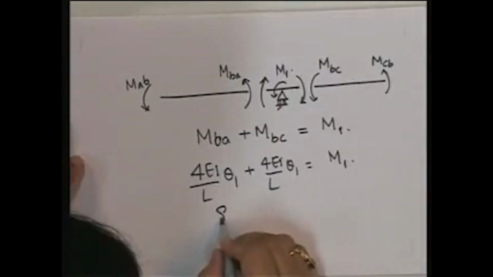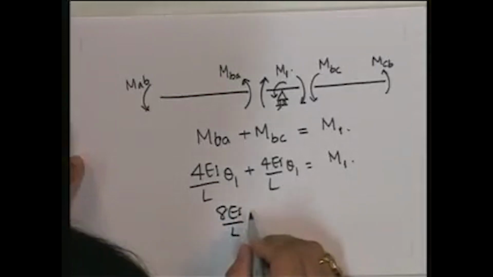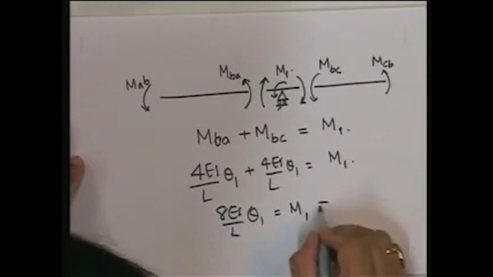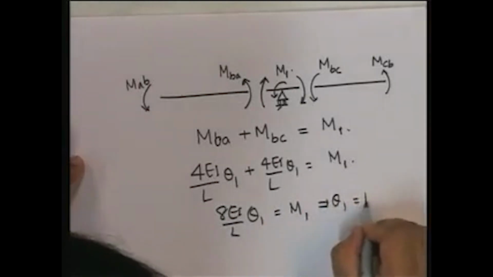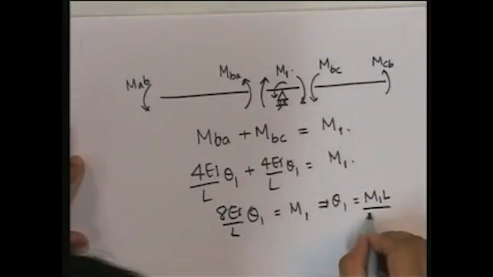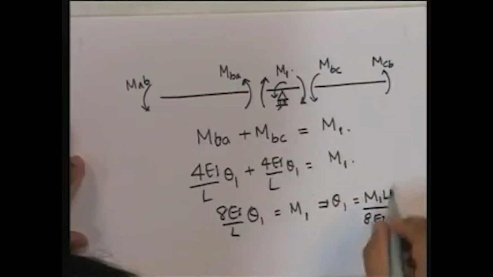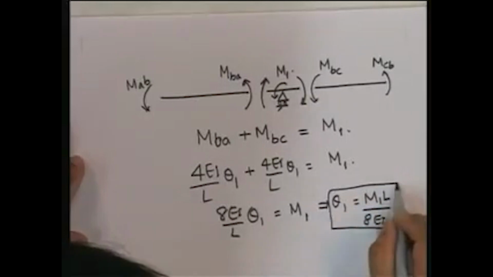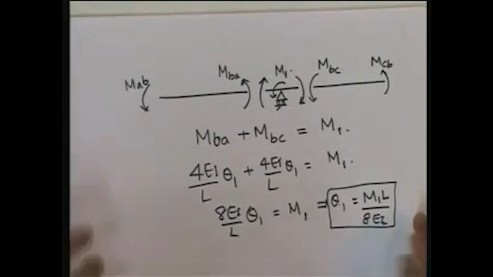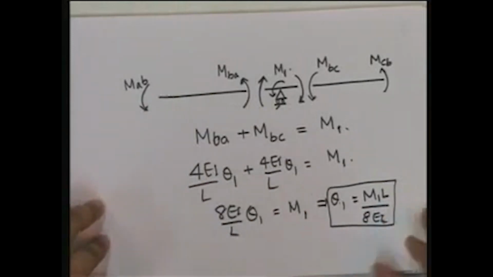So that means 8EI upon L theta 1 is equal to M1, which implies theta 1 is equal to M1 L upon 8EI. I have found out my unknown rotation.